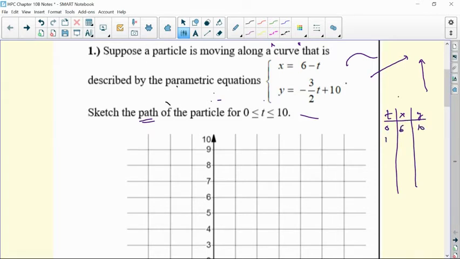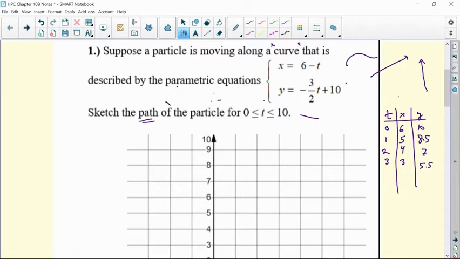Then time equals 1, we get 5 and, oh, lovely, 8.5. When time equals 2, we get 4 and 7. When time equals 3, we get 3 and 5.5.